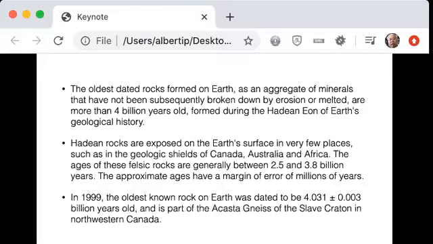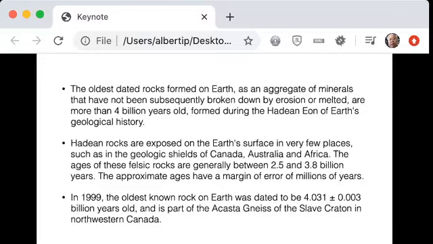In 1999, the oldest rock was discovered. It is about 4.031 billion years old, discovered in Canada. Another area where you might find very old rock is Australia.